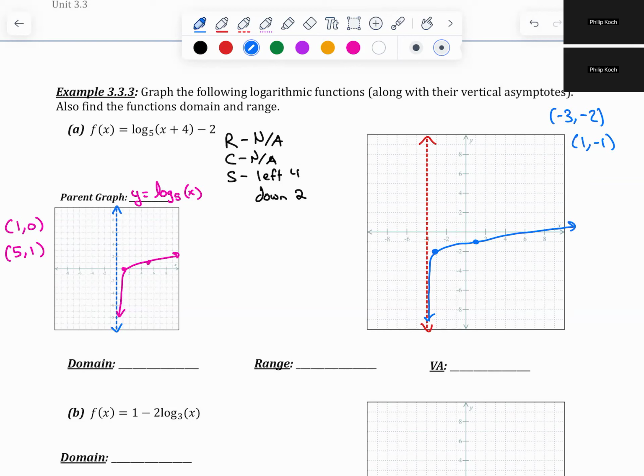There's a key thing I wanted to point out. Like for exponential functions, where the horizontal asymptote moved with vertical shifts, by a similar argument the vertical asymptote travels with horizontal shifts.